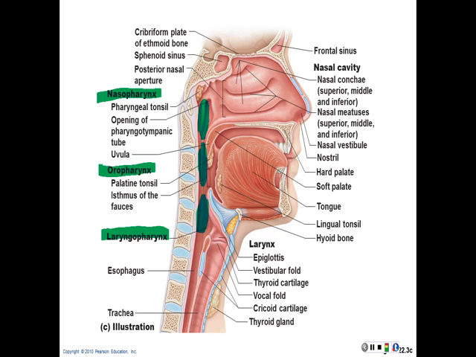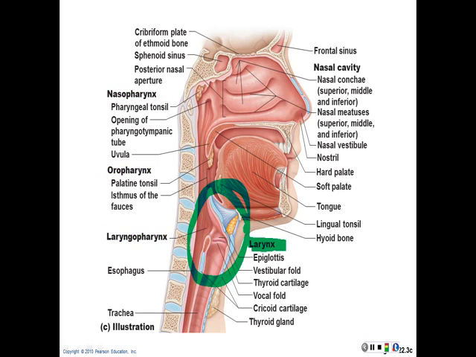That's going to bring air down to a valve structure known as the larynx. The larynx is effectively a valve to keep air coming into the airway and not let food and liquids come into the airway. You've got a flap on the top of that known as the epiglottis, and the epiglottis closes when you swallow.